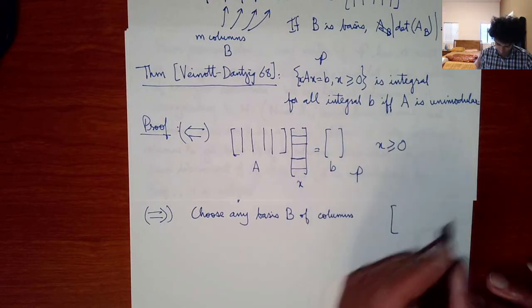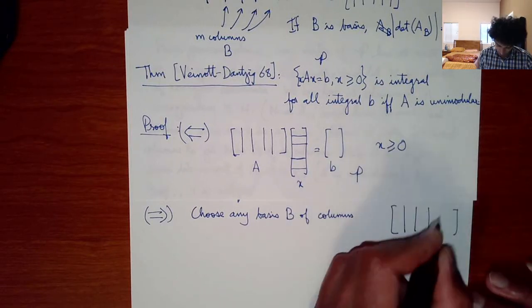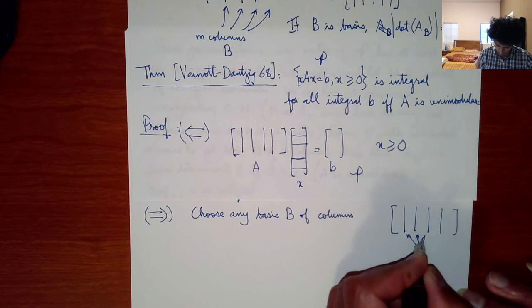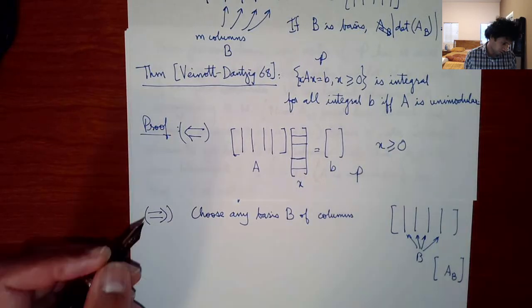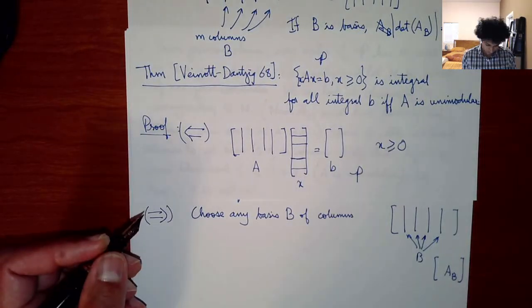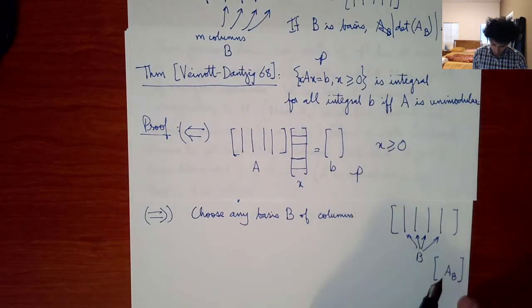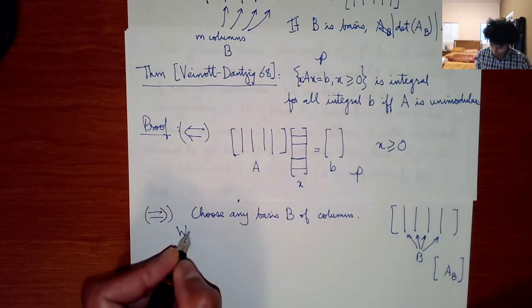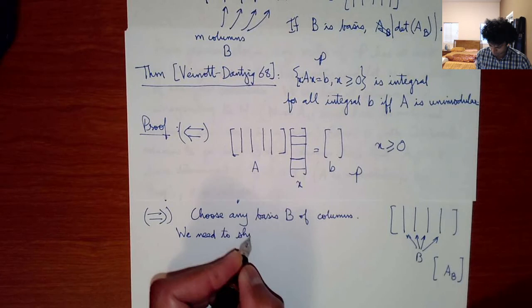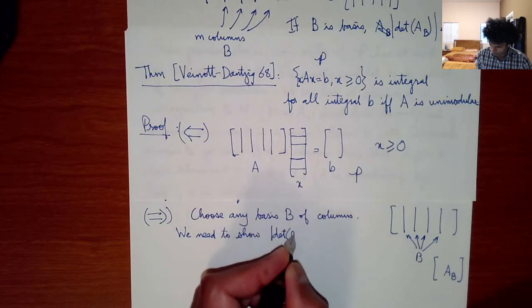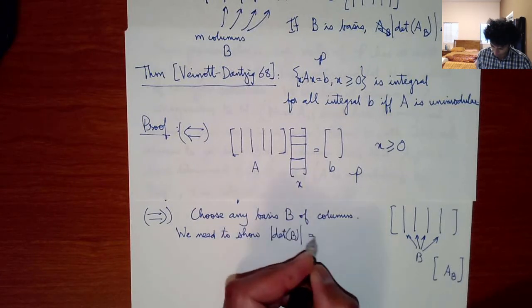So here's my matrix, and I chose some B, and this gives me my submatrix A_B. We need to show that the determinant of A_B has an absolute value of 1.